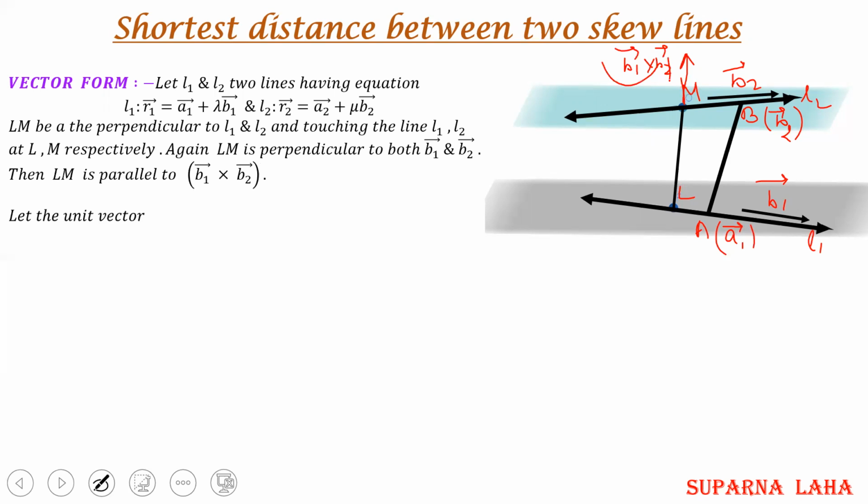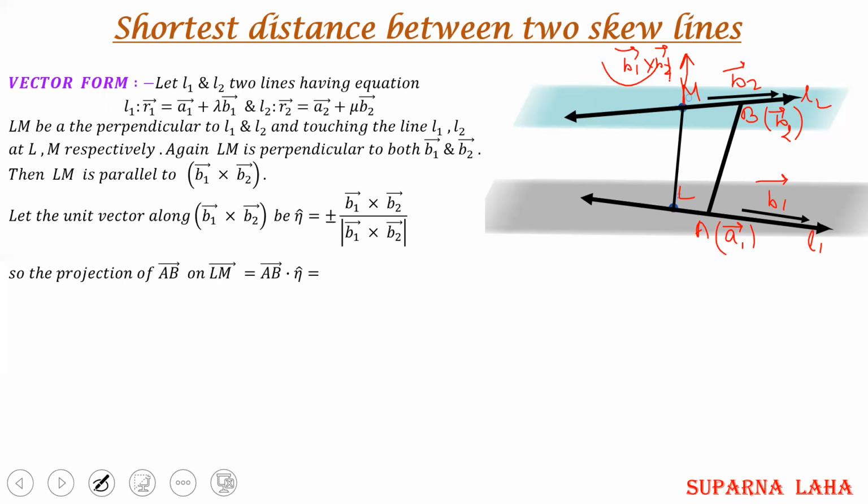Now, just find the unit vector along B1 cross B2 and use the projection of the vector AB on the vector LM. Okay, so you know the projection vector since the vector chapter is completed.